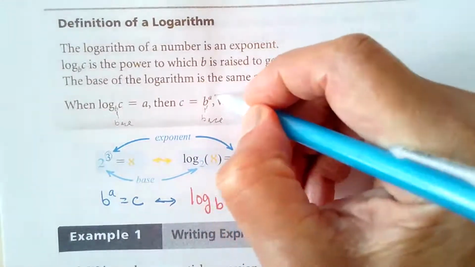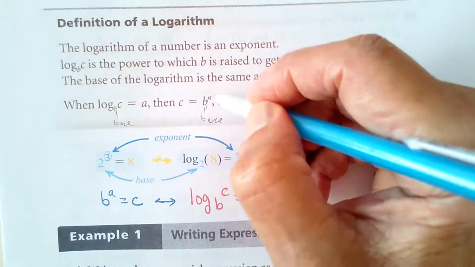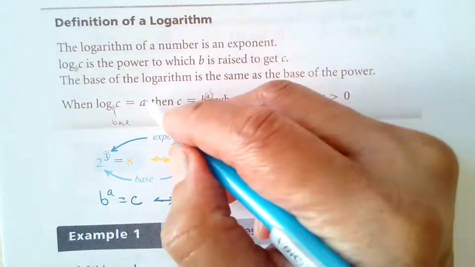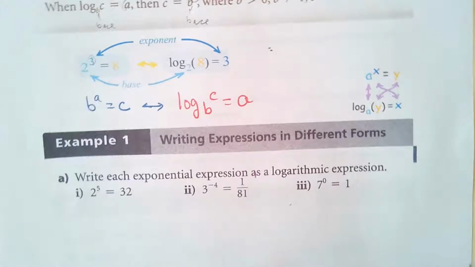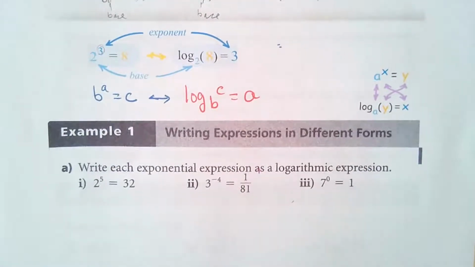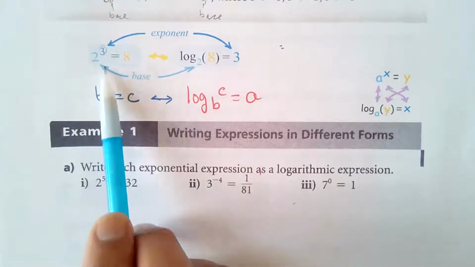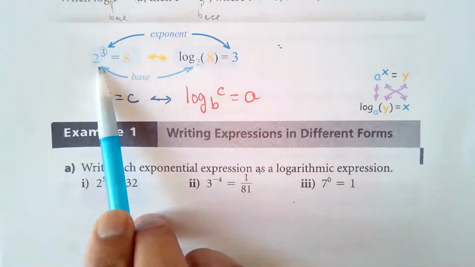The exponent of the exponential is the log, as we mentioned before. So we'll be using this fact here. Now we know how to change exponential to log and log to exponential.